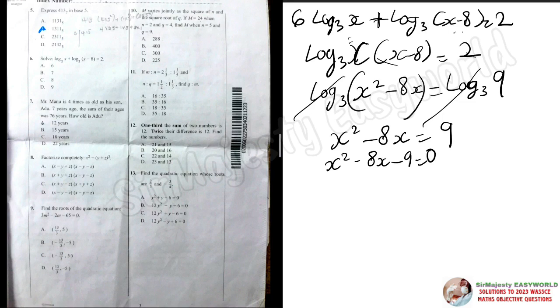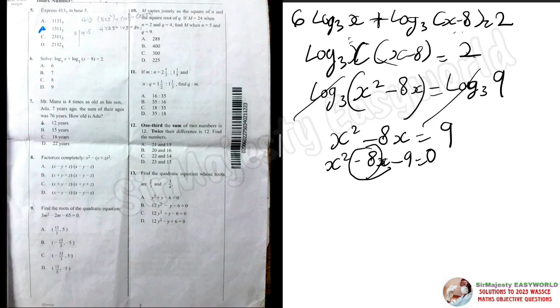So I need to do the factorization method. There are many other methods you can use to solve this equation, but I'm going to use factorization. So this will be minus 8x. So I need to find two numbers that when they multiply, they'll give us minus 9, and when they add, they'll give us minus 8.